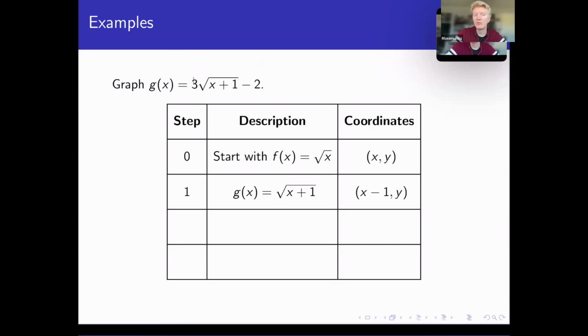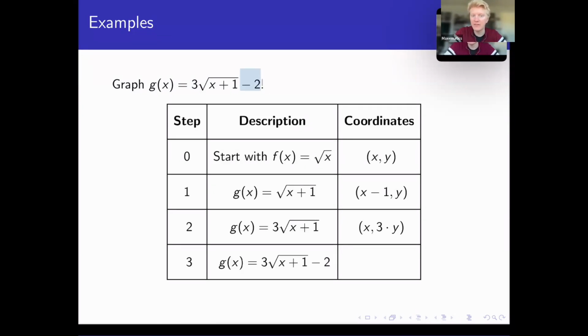Then would we multiply by 3 or subtract 2? We would multiply by 3 first. And if we're multiplying by 3 on the outside, what we're doing is taking all the y values, multiplying by 3. And last but not least, minus 2, that's the only thing we were missing. Minus 2 on the outside means down 2 units.